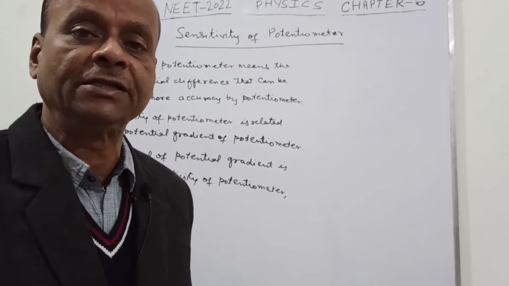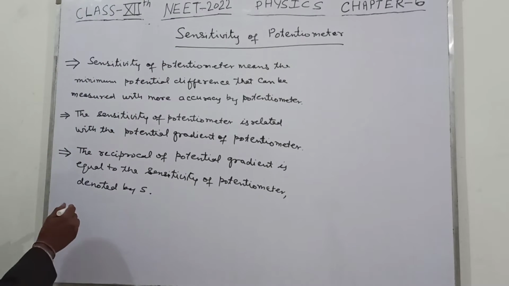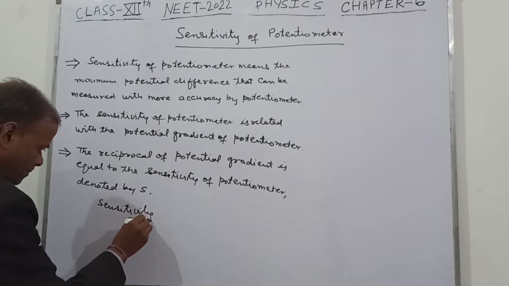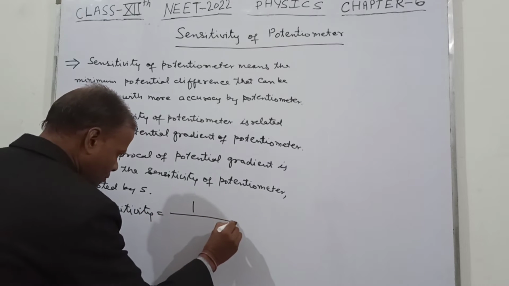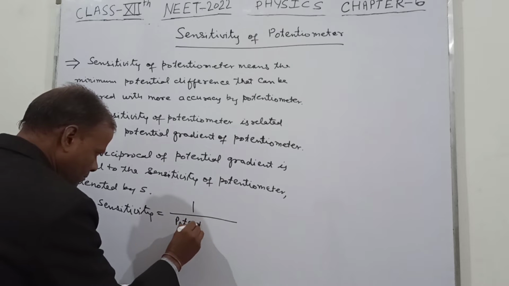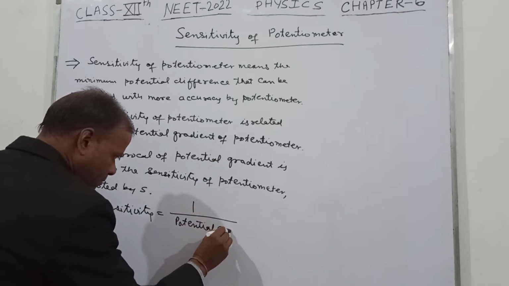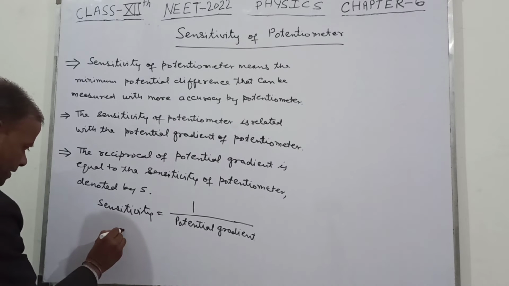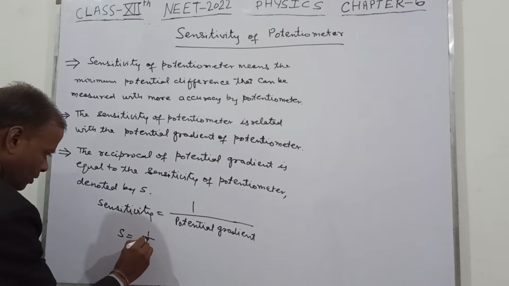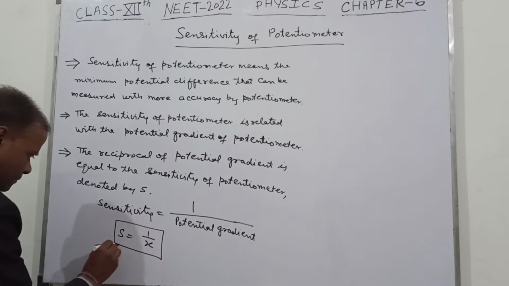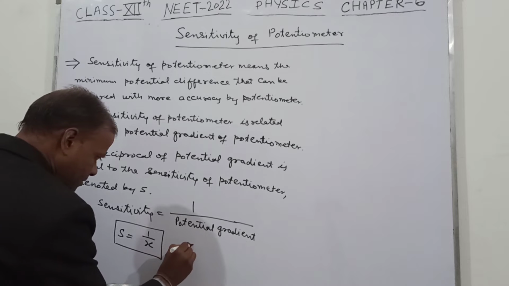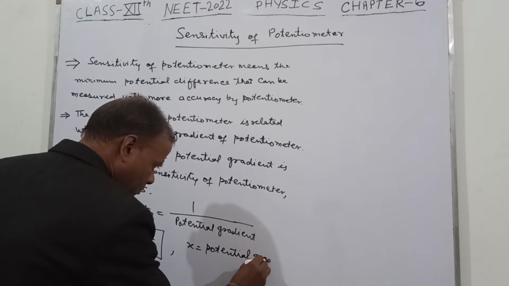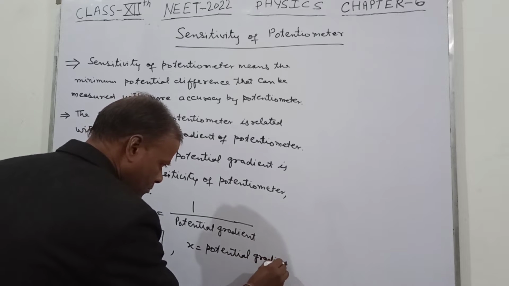The sensitivity is denoted by the term S. So sensitivity S equal to 1 upon potential gradient, and you know that this is x, so S equal to 1 upon x, x the potential gradient.